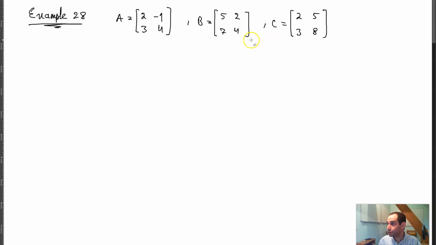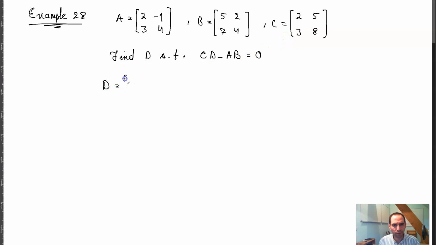Find the matrix D such that CD minus AB is equal to O. Okay, so to find that matrix, of course it has to be a matrix of 2 by 2.